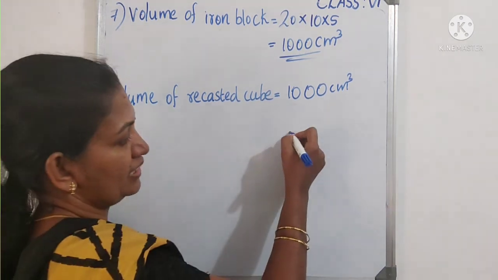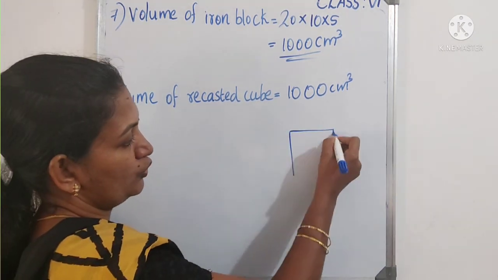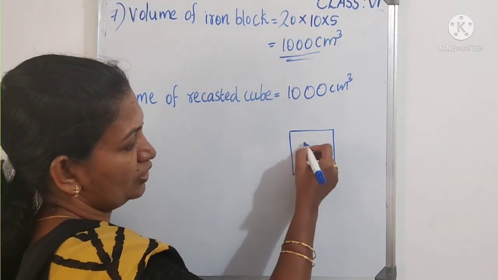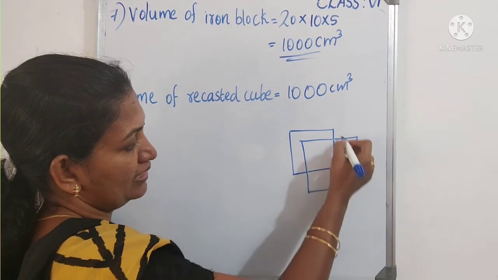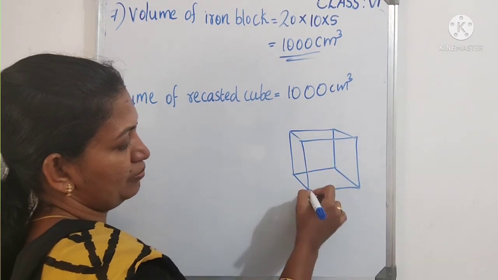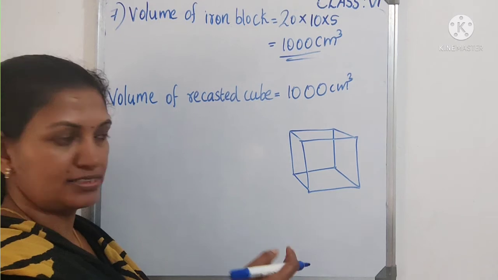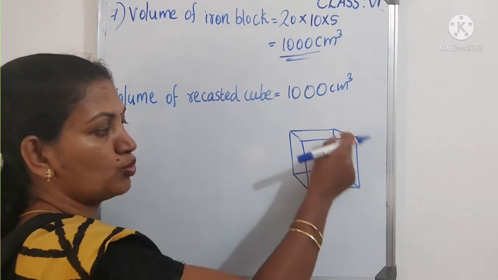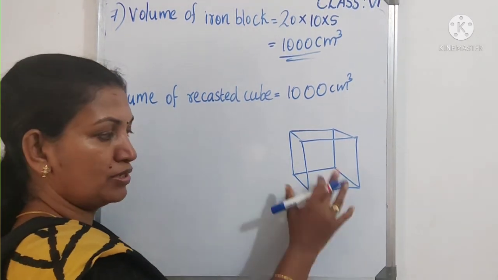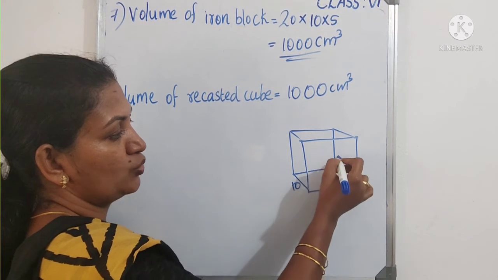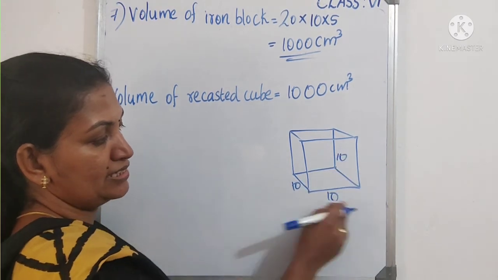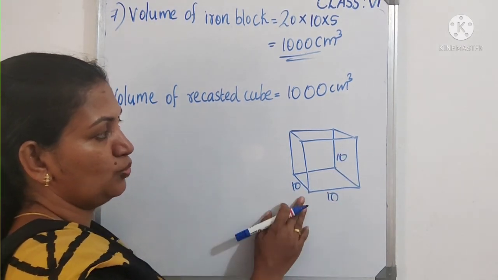We know that in a cube, all sides are equal, all measures are equal. Length, breadth and height are all the same. In a square all sides are the same, and in a cube all sides are equal. So length is 10, breadth is 10 and height is also 10.